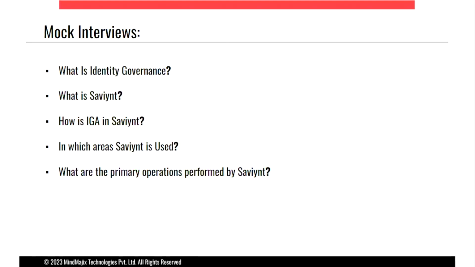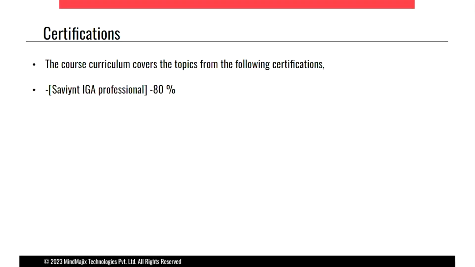Okay, coming to the next slide, we have the certification. In Savint we have firstly the Savint IG Professional Certification. You can see it on the Litmus portal as well, that is the Savint internal teaching portal, or maybe you can say training portal. For the IGA professional certification, you have to complete L100 and L200 there to be eligible.